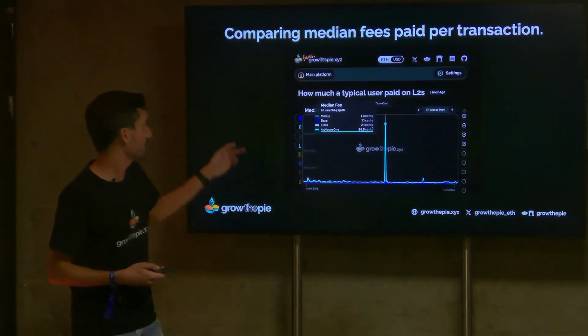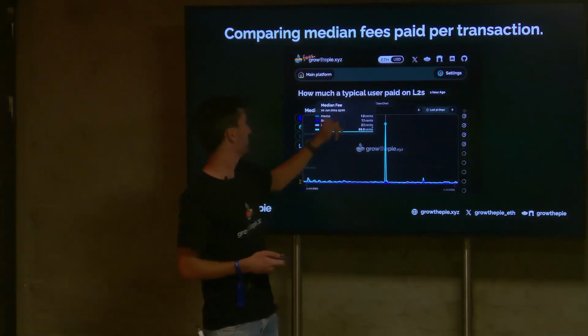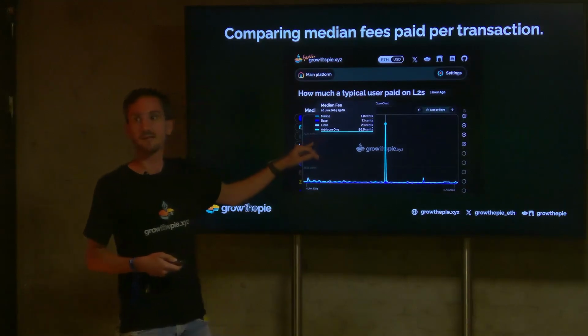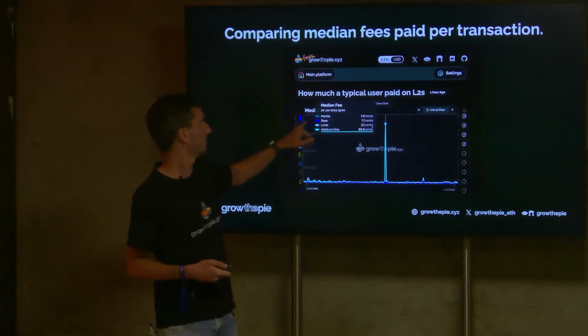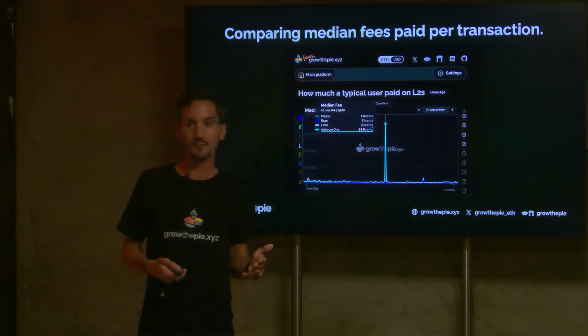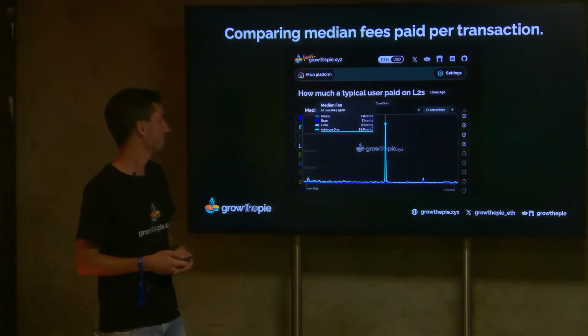And that again is the example when fees spiked on that day, June 20th, while other layer 2s like Mantle still had 1 cent because they were not affected by that, because they're not using blobs, right? They are using Celestia as a data availability provider.